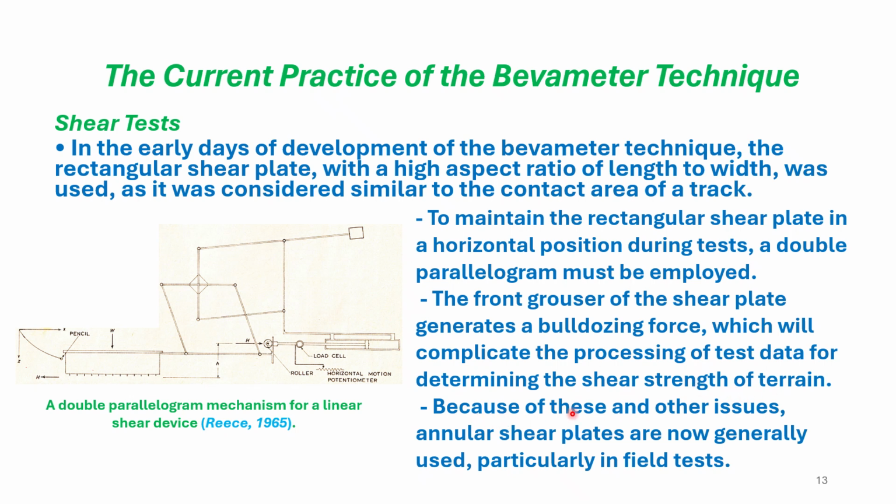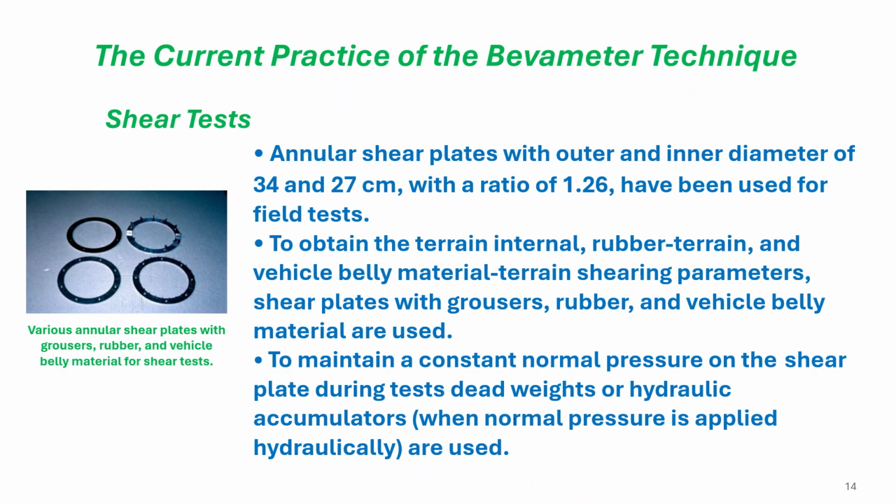Because of this and other issues, annular shear plates are now widely used, particularly in field tests. Annular shear plates with outer and inner diameter of 34 and 27 centimeters, with a ratio of 1.26, have been used for field tests.